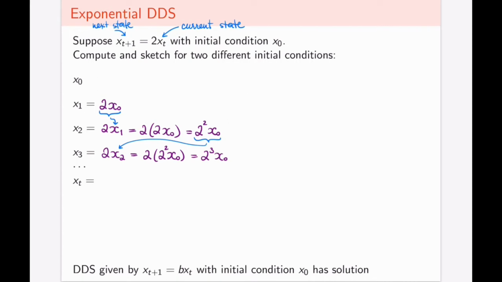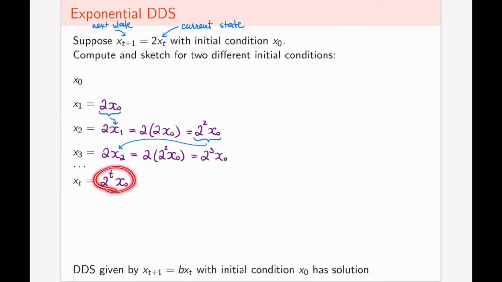And I notice a pattern here. For the x sub t, I always get that I have performed t doublings on the initial value x naught. So the general formula for x sub t is 2 to the power of t times x sub naught.